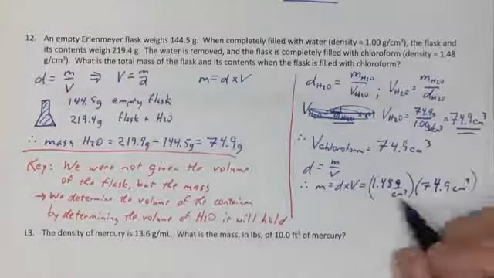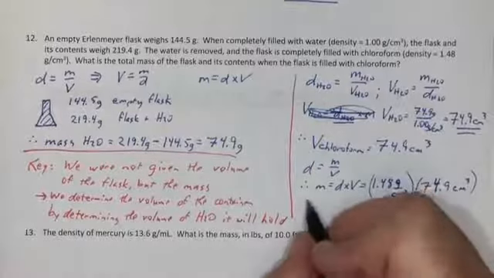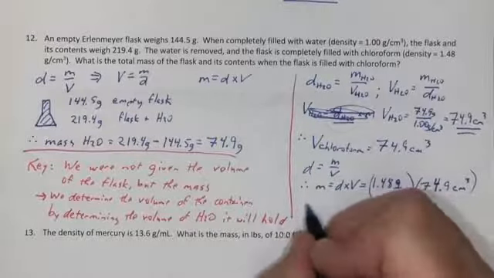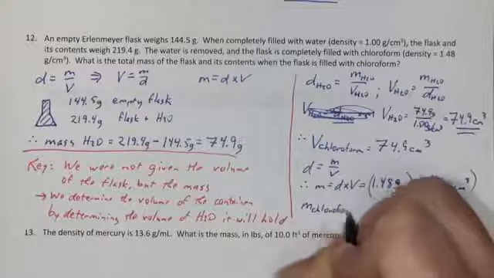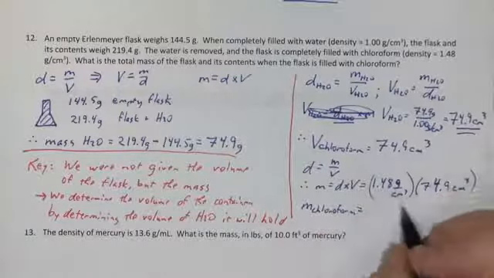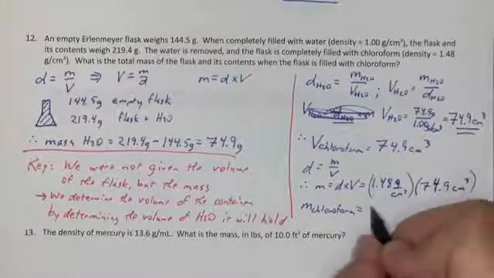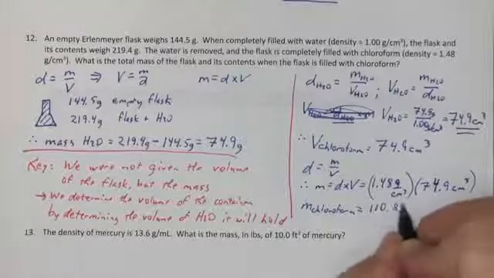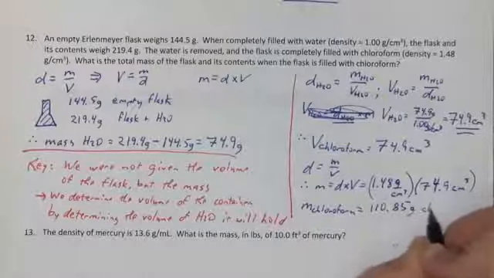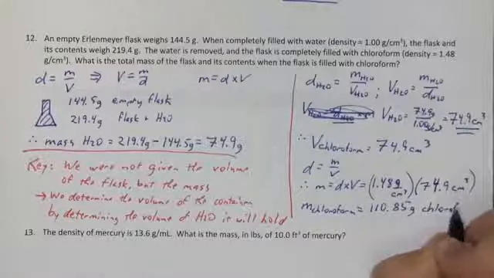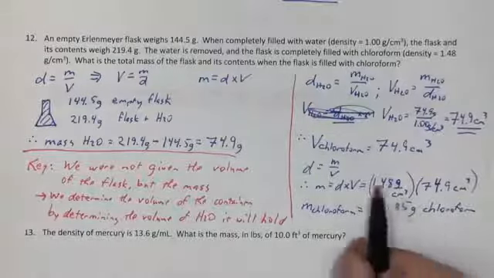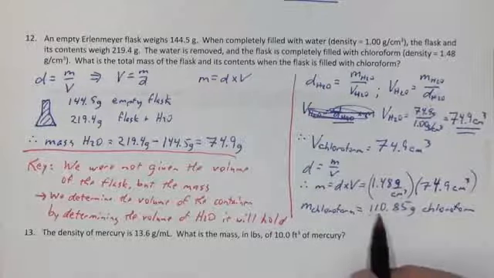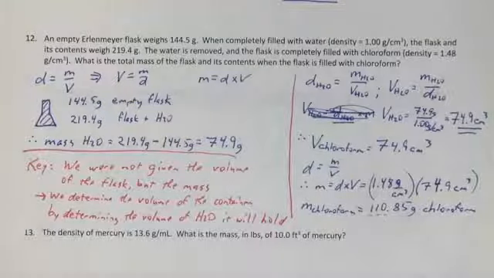The unit cubic centimeters cancels, we end up in grams, and the mass of the chloroform equals, when we multiply this out, 110.85 grams of chloroform. Now I'm going to keep that number. We don't want to round until the very end to avoid round-off error, but there are only 3 significant figures here.